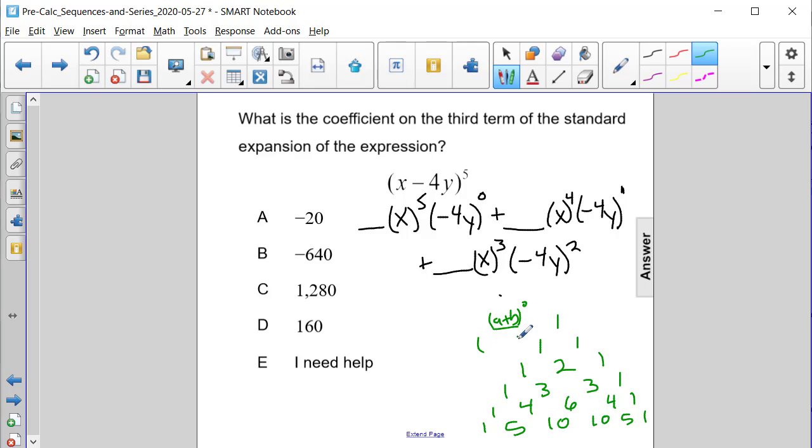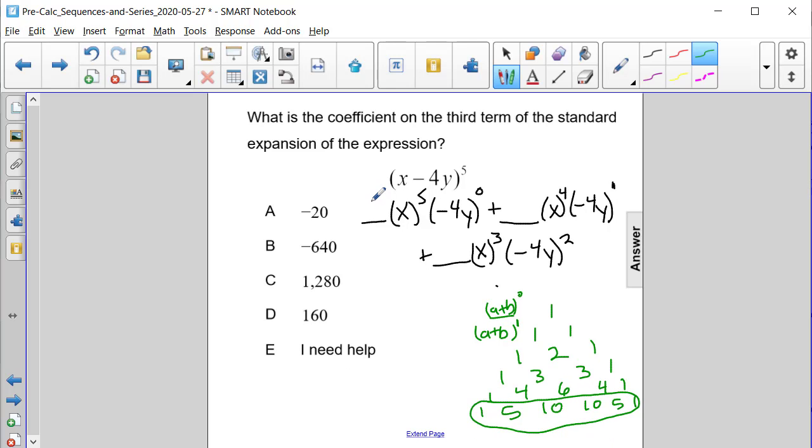The second one represents (a + b) to the first power, and so on. So this would be squared, cubed, to the fourth, to the fifth. Because we're doing (x - 4y) to the fifth power, we're going to be using this row of coefficients.